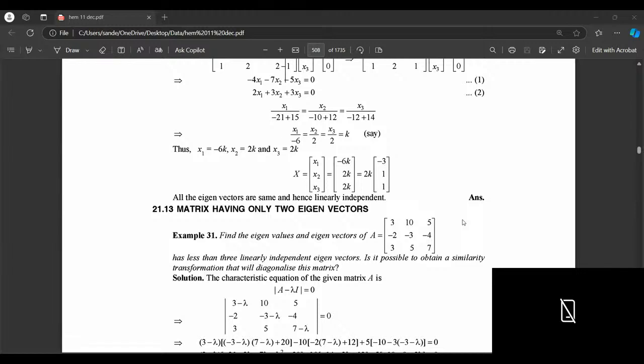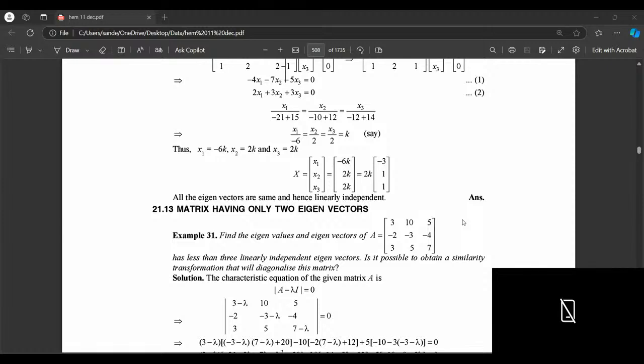There are three cases. Either you choose k1 equal to k2, means k1 equal to 1, k2 equal to 1. You don't take k1 is 0 and k2 is 0. Or you can take k1 is 0, k2 is 1. Or you can take k2 is 0, k1 is 1.